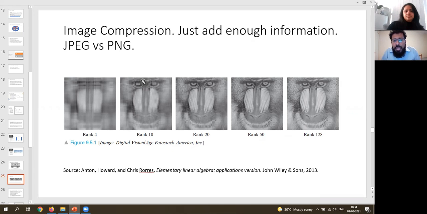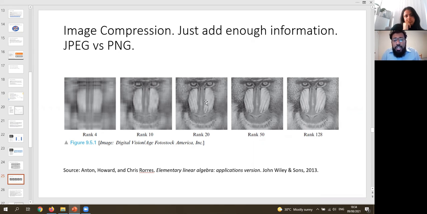All of you would be familiar with the concept of JPEG and PNG images. If you save an image in the JPEG format, the image looks quite good, but it does not take as much memory as PNG format takes. Why? Because PNG does not apply any compression technique, but JPEG has some compression, right?